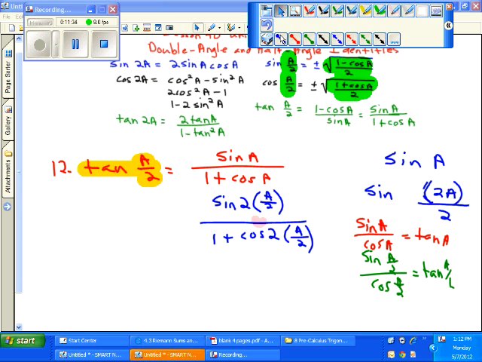So instead of having half of something, we now have 2 of something. Same thing. And so we're going to avoid those ugly half angle identities, and we're going to use these double angle identities and still hope that somehow it'll get us over here to the tangent situation. Okay?